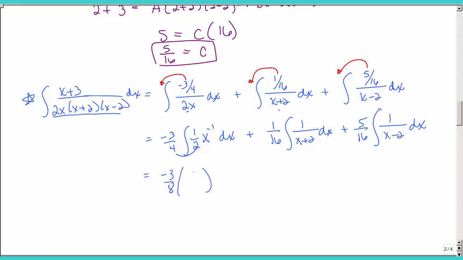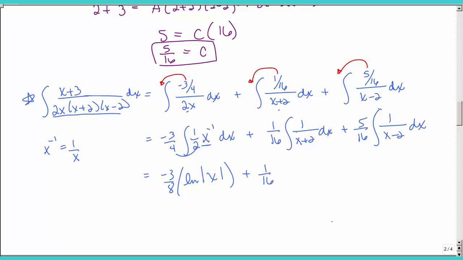This is just the power rule. Or is it? Why is it not the power rule? x to the negative 1, or 1 over x, can't use the power rule. What is that going to be? It's going to be the natural log of the absolute value of x.